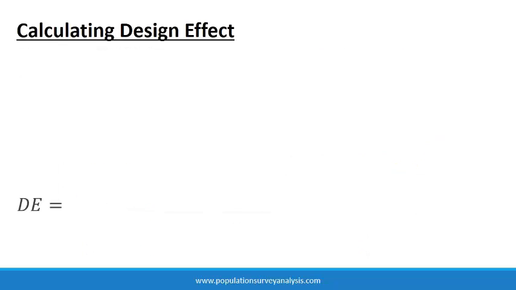The design effect compares the variance under one sample design with the variance of a simple random sample. To calculate design effect, simply divide the variance, calculated with the survey design, by variance assuming simple random sampling.